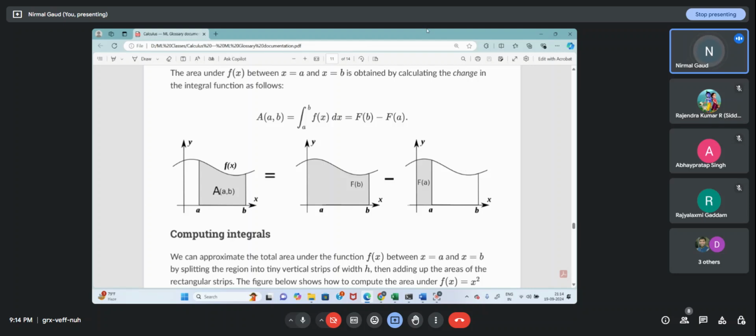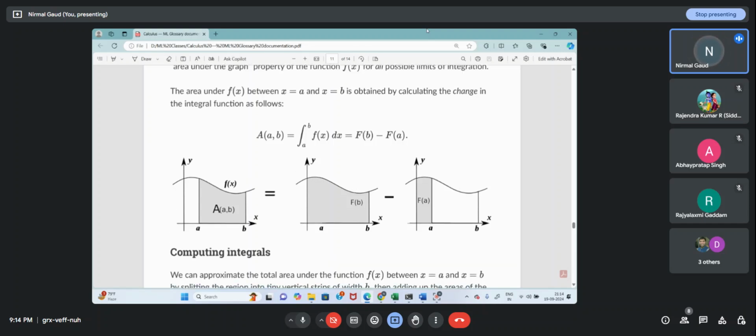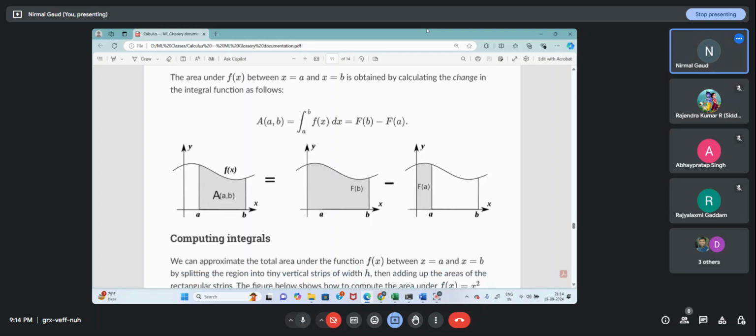So this is my entire b, that means taking from 0 to b. And this is my f of a, that means taking 0 to a. So if we subtract this portion from this entire portion, I will be left with this portion. They are absolutely right. There is not at all any mistake here.